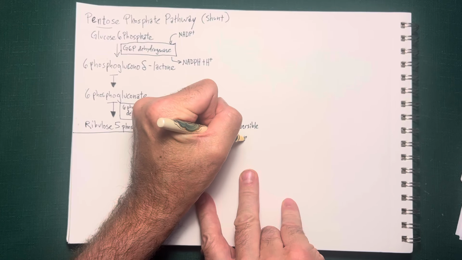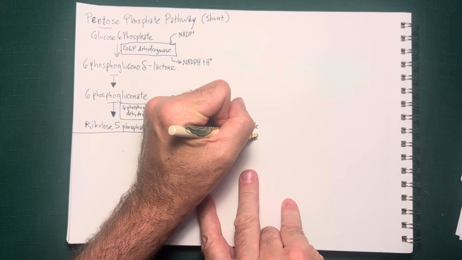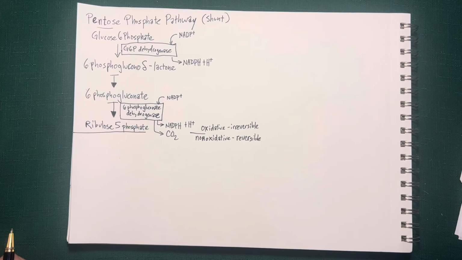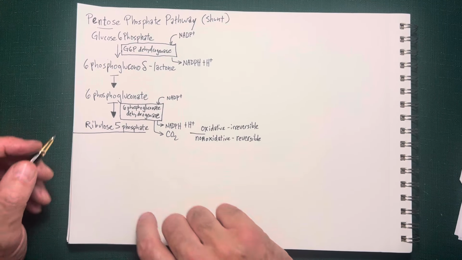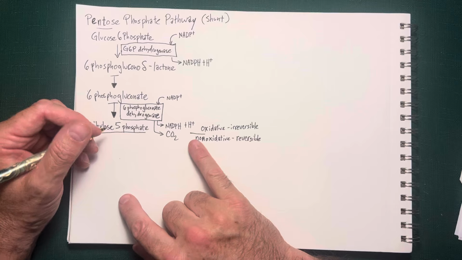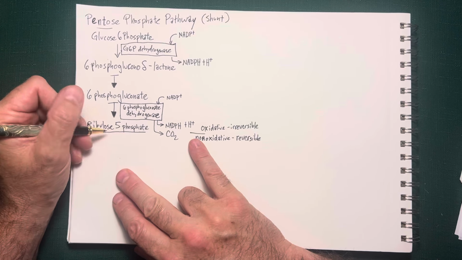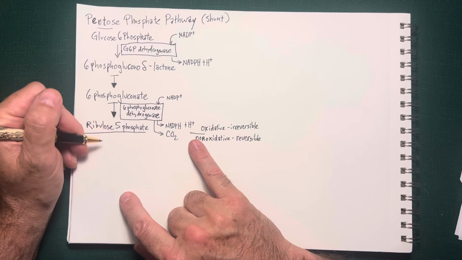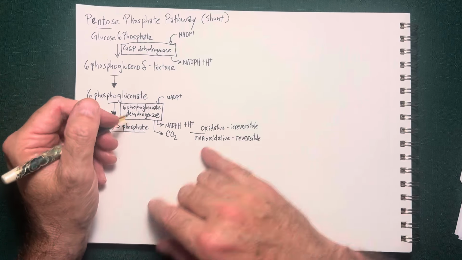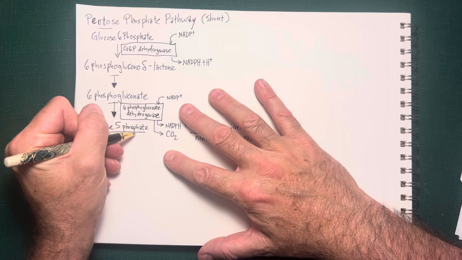And these reactions are reversible. Isn't that exciting? Well, what's that going to give us? Here we can take that ribulose 5-phosphate and we can convert it into a number of different things.